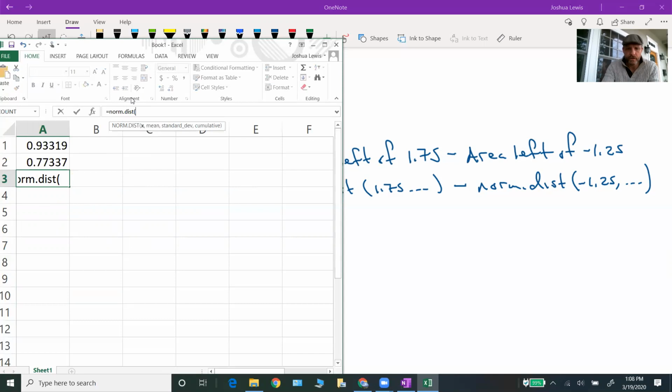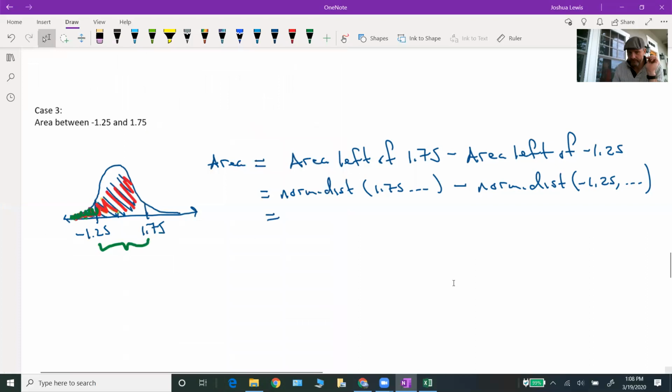Norm.dist 1.75, 0, 1, true, minus, and so that first expression gives me everything to the left of 1.75. I'm going to subtract everything to the left of negative 1.25. And what that'll leave me with is everything in between. So I get 0.85429, which rounds to 0.8543.